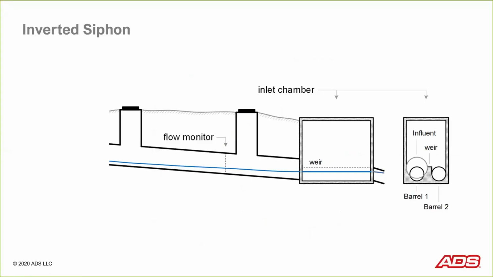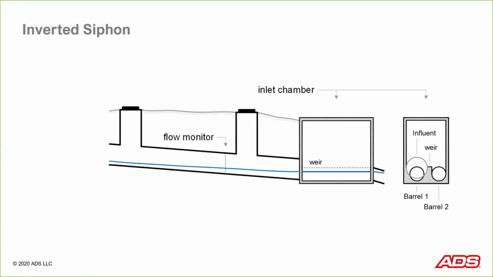A siphon, or an inverted siphon, is something that we use in the wastewater business to get gravity flow under some type of obstruction, something that's in the way. It could be a stream or a creek. It could be a river. It could be a railroad track, anything of that nature.